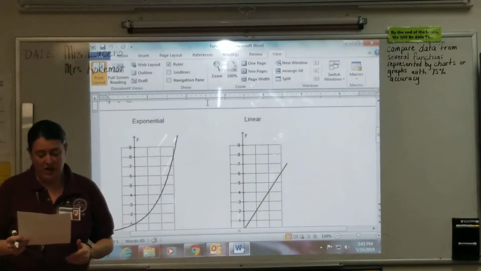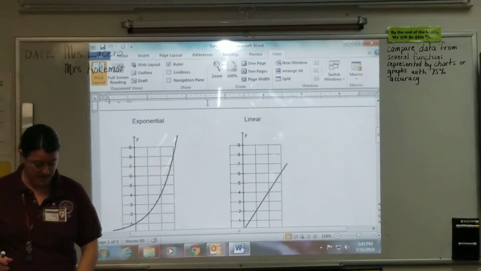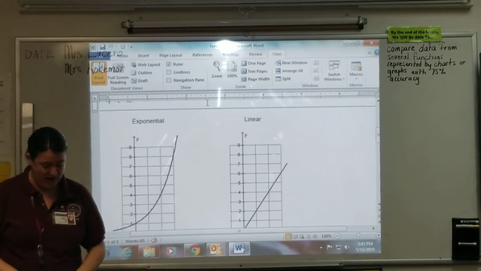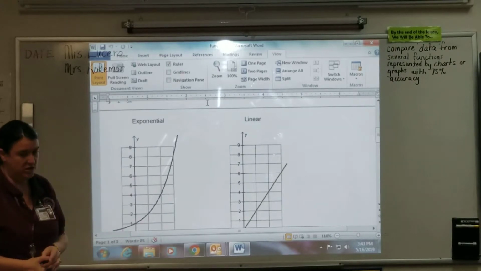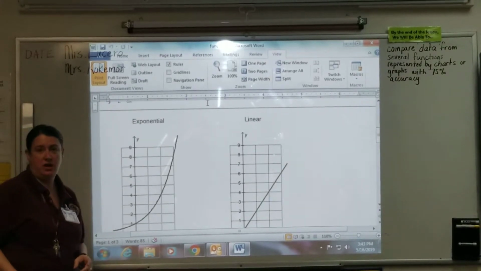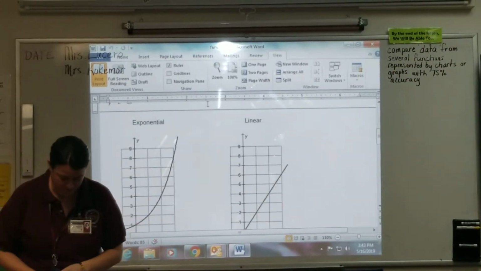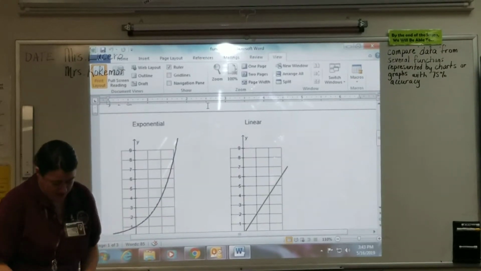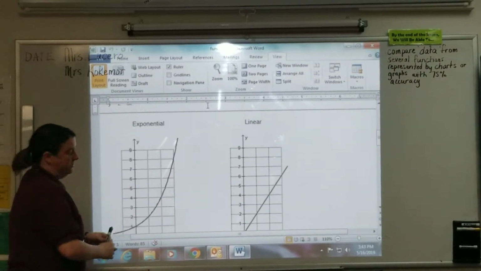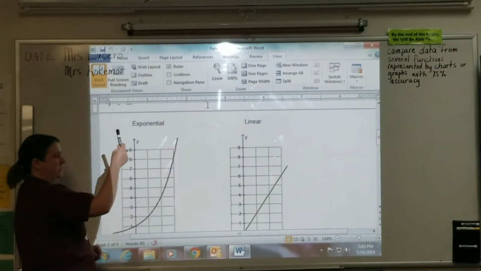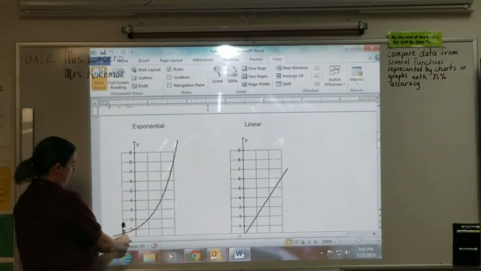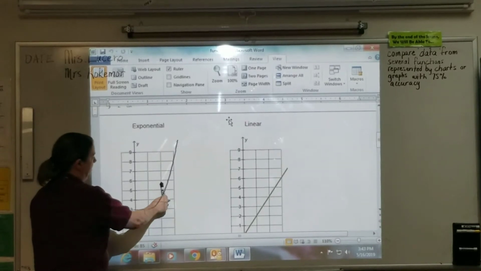Okay, so the way to check if a graph is a function is to use what's called the pencil test. So what you would do is take your pencil on your handout, and you place it over the graph straight up and down like this.